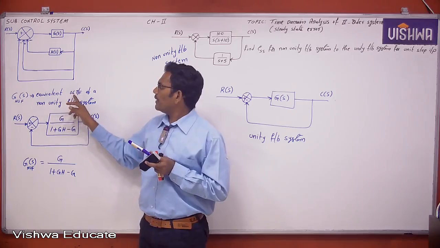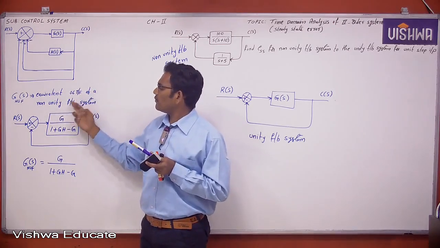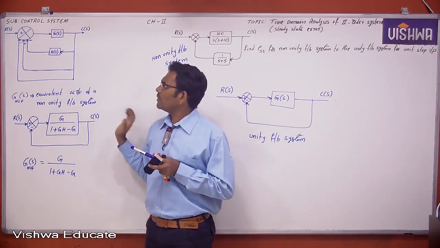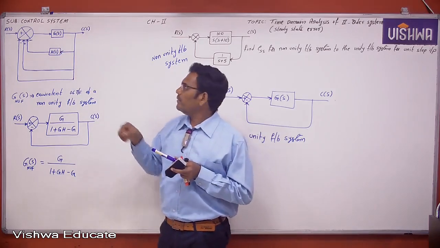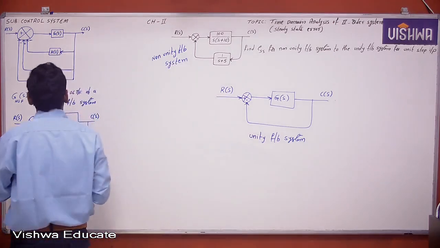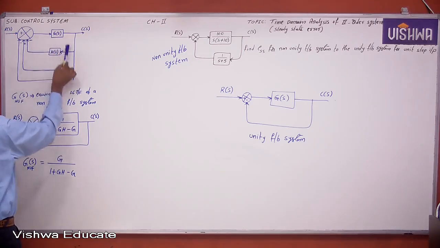So the equivalent open loop transfer function of a non-unity feedback system. Now open loop transfer function is nothing but the forward path gain, but I want a forward path gain for unity feedback. So what should you do? First you simplify this. This is the forward path gain, this is the feedback path gain.